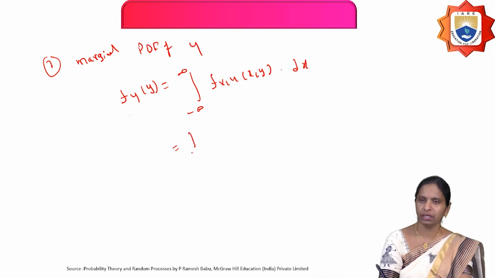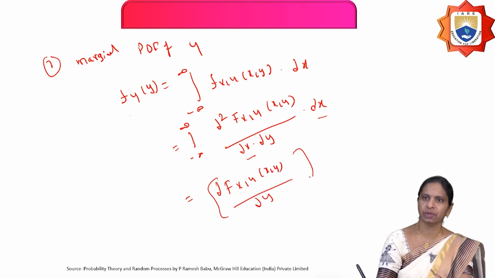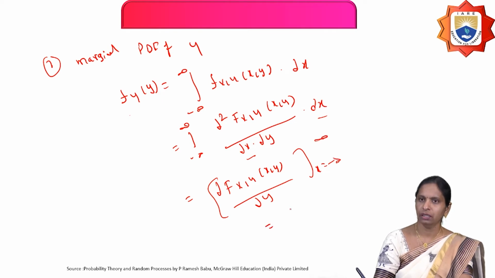So how can you prove it? Integration from minus infinity, the joint density function is nothing but the second order derivative of the distribution function, dou x into dou y, into dx. And here the integration with respect to x and the differential with respect to x both get cancelled. Then you get dou fxy of x comma y by dou y, with the limits of x from minus infinity, and if you substitute as in the previous one, you'll get fy of y.